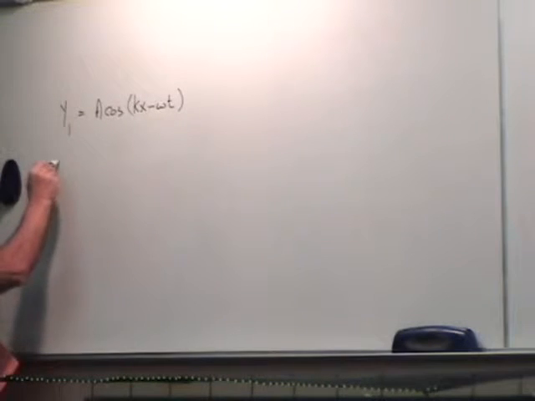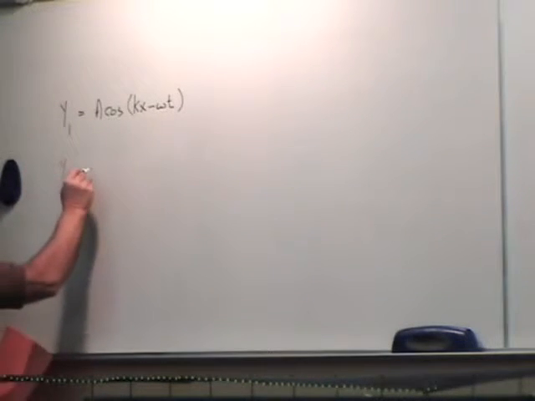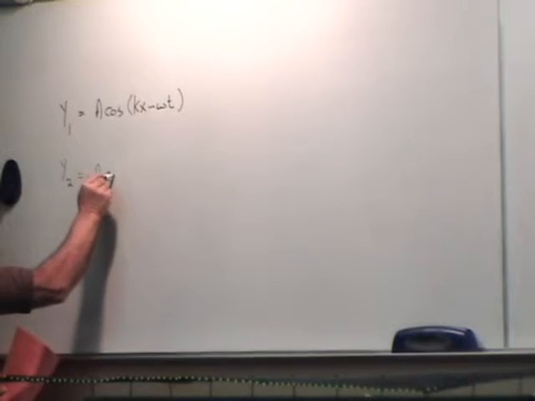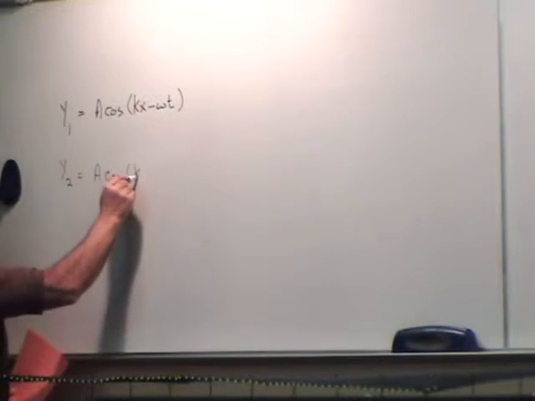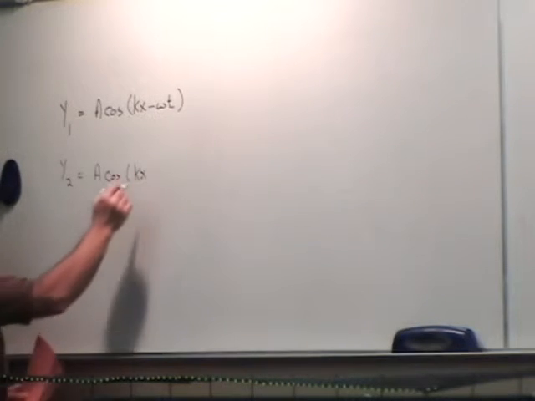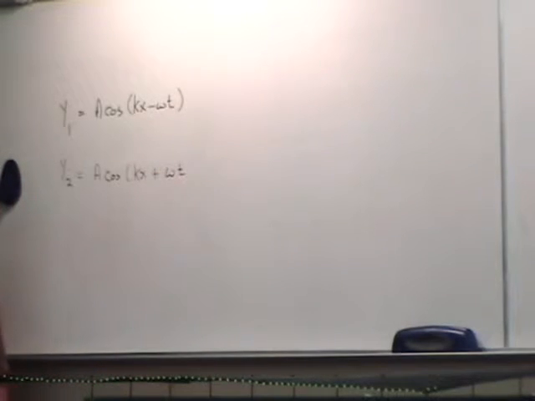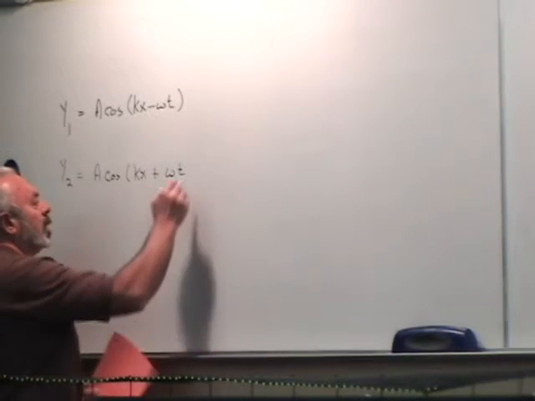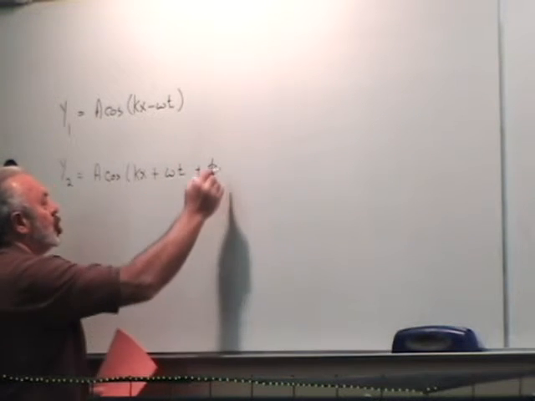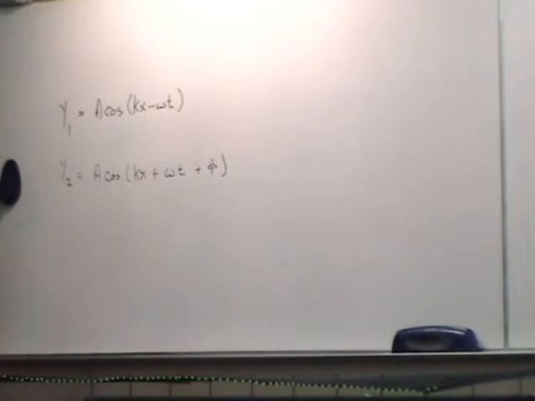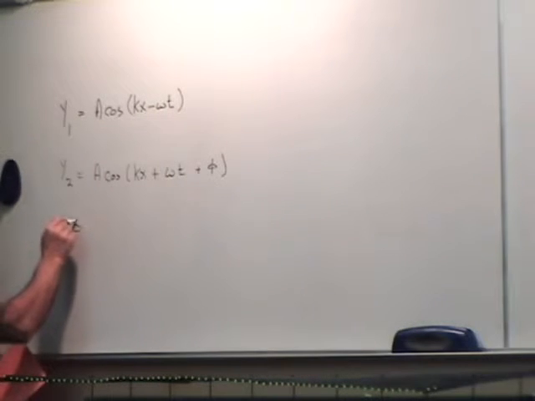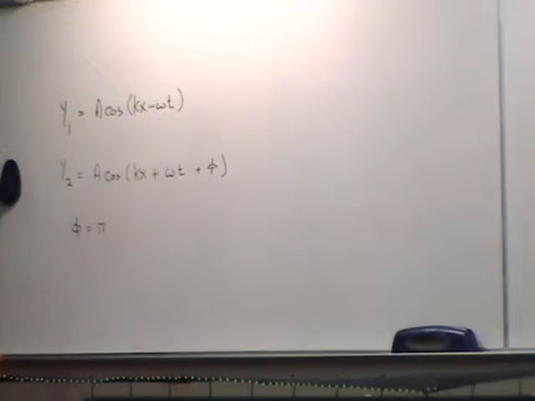Hence, therefore, Y2, the second wave, is going to be essentially the same thing, a cosine. It's going to have the same wavelength, so it'll have the same k. It's moving in the opposite direction so that it gets a plus sign here, but the same frequency, so omega t. But it also experiences a phase shift phi. And for us, we just argued that phi is pi. It phase shifts half a wavelength or half of a complete cycle, which is pi radians.